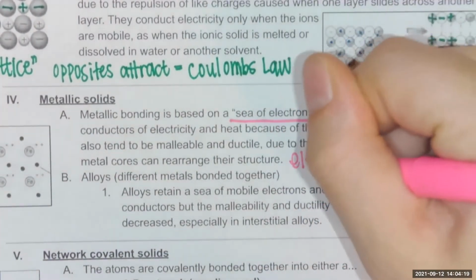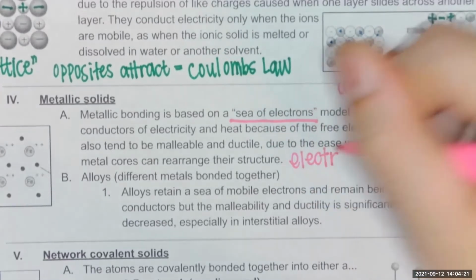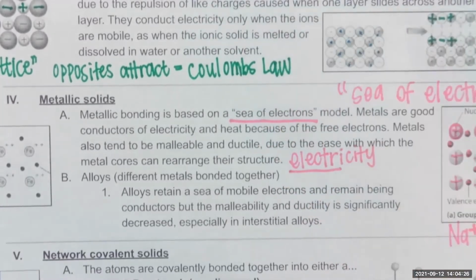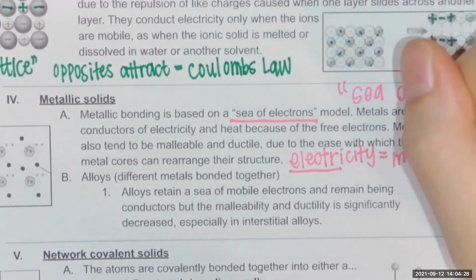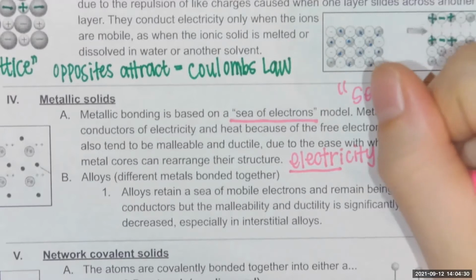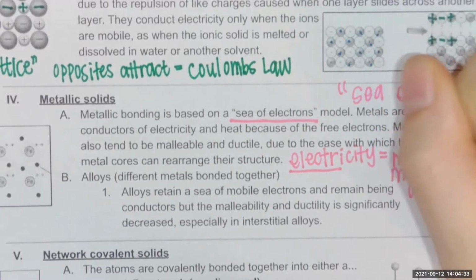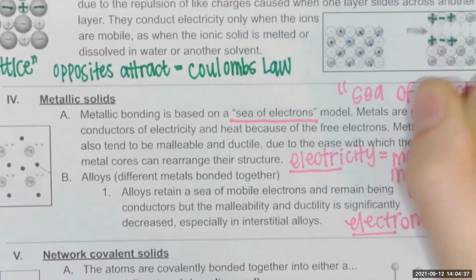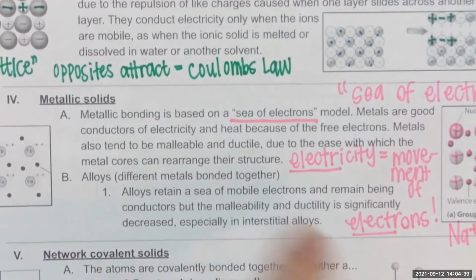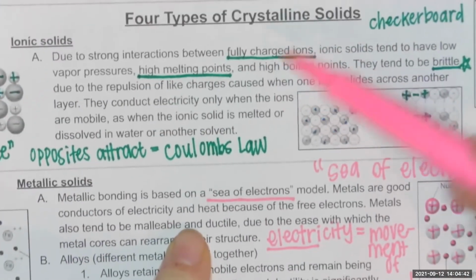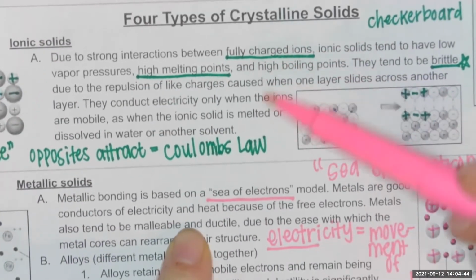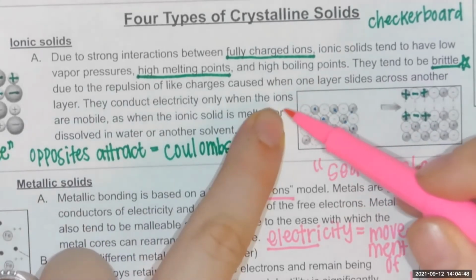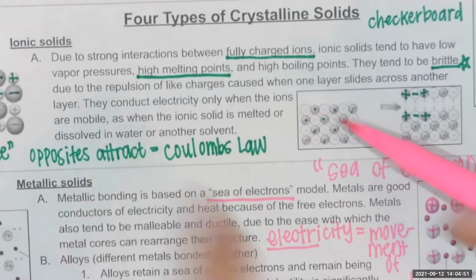Have you ever noticed electricity? Interesting. Electricity is the movement of electrons. Wow. So back up here, these guys could not conduct electricity very well unless their ions or charges were mobile.